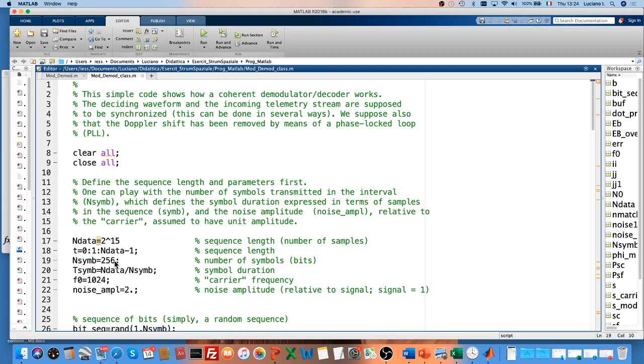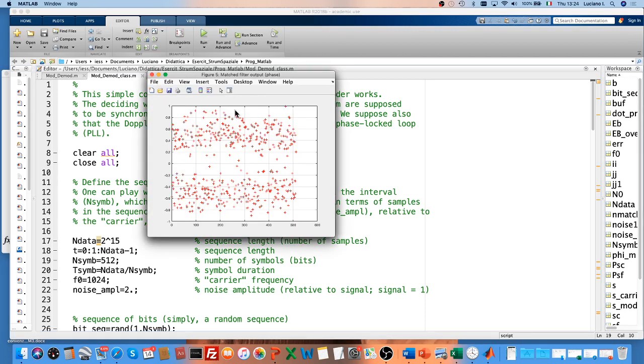So let us put here 512, okay, and see what happens. Now the situation, you see the two clouds are much more dispersed, and there are some points which are close to 0.